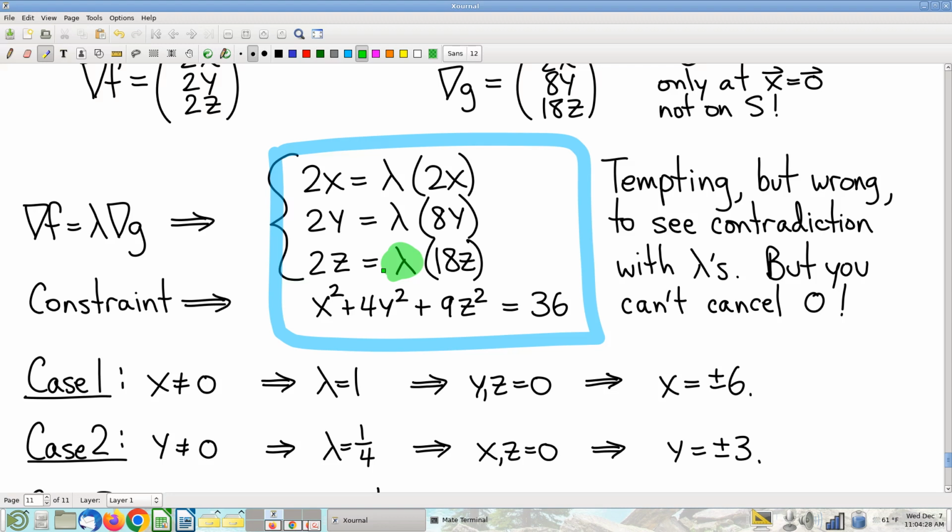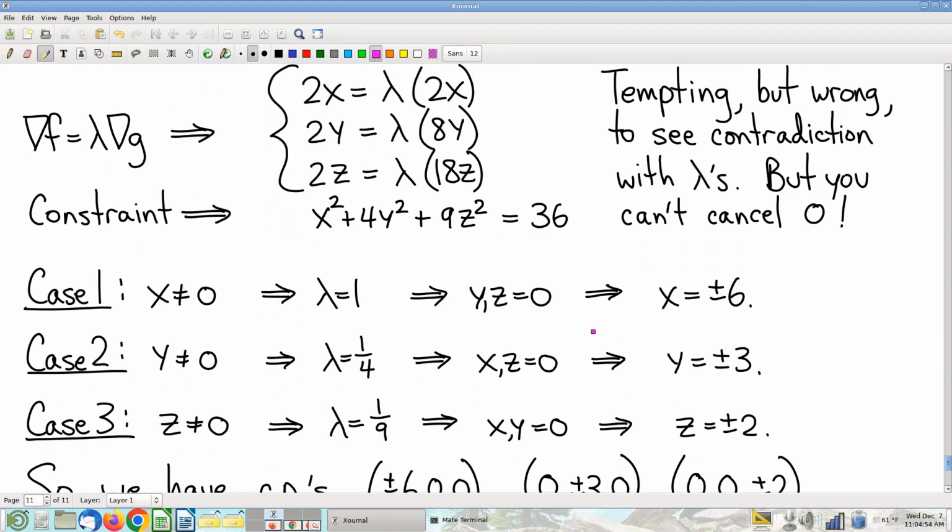A lot of students would throw up their hands and say, nothing. And it doesn't work, because when you say that lambda is equal to 1, that requires dividing by x, which you don't know is non-zero. And likewise for all the others. So that just doesn't work at all.